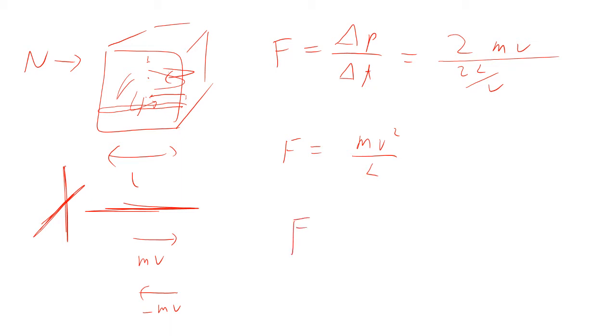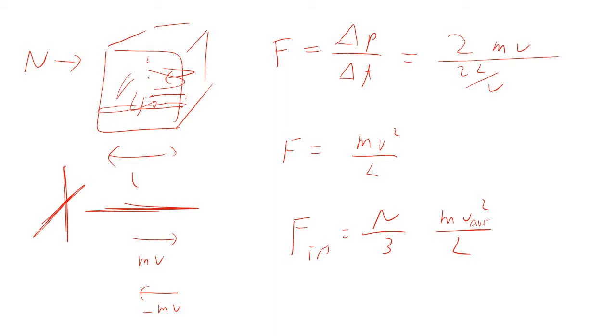So we can say that the total force will be n over 3 times mv squared over L. So that kind of gives us an idea of this. Now, in this case, the v is going to be the average velocity. This is not necessarily the v of individual molecules, because now they're all moving differently, so it's going to be the average in there.